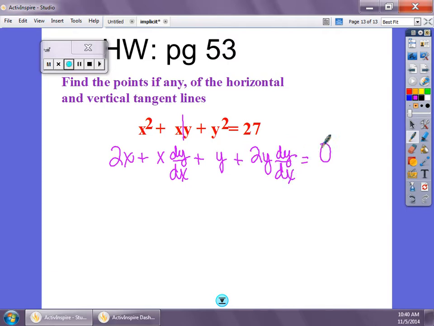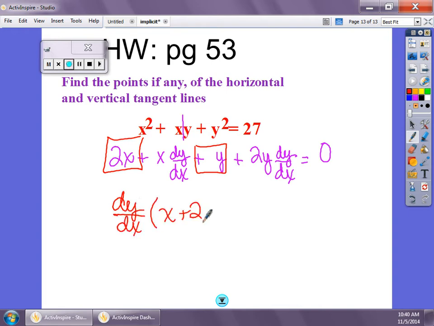Okay? Solve for dy dx, so I'm going to move this piece and this piece over to the other side, right? And can I factor out the dy dx on this step? So I factor out the dy dx, x plus 2y, equals, I'm going to move these both over to the other side. I get negative y minus 2x.